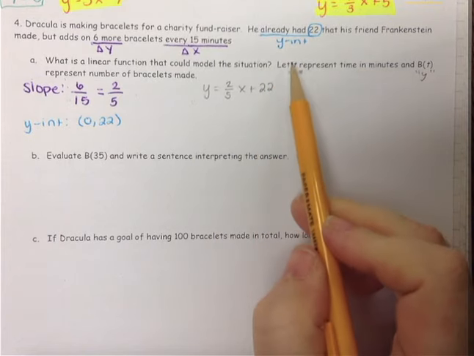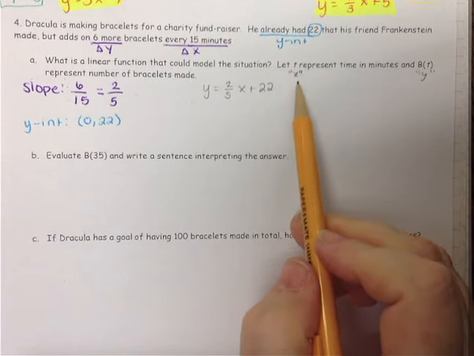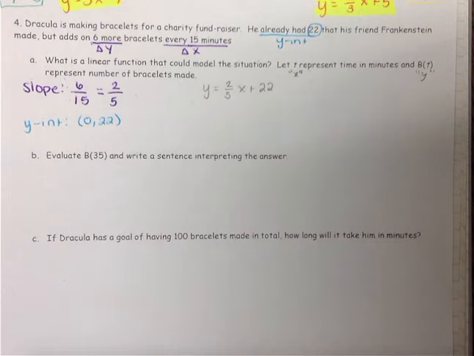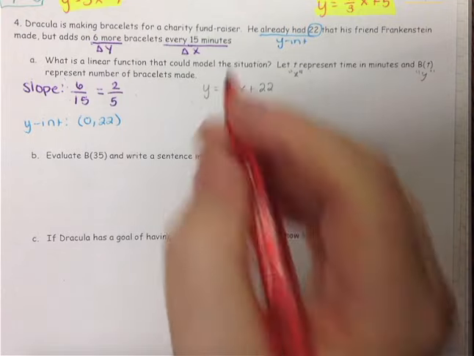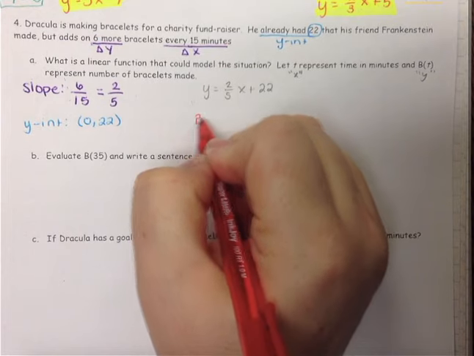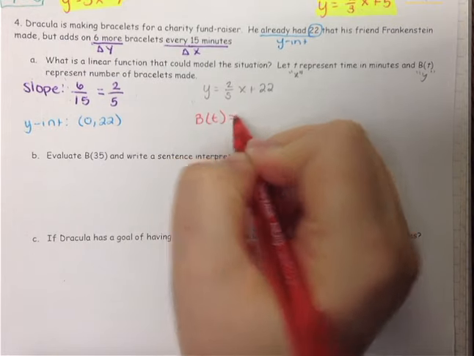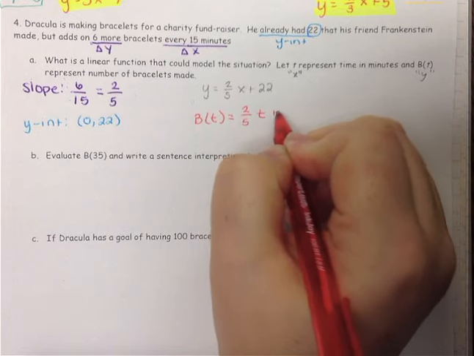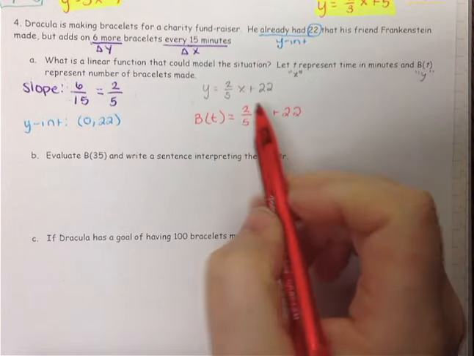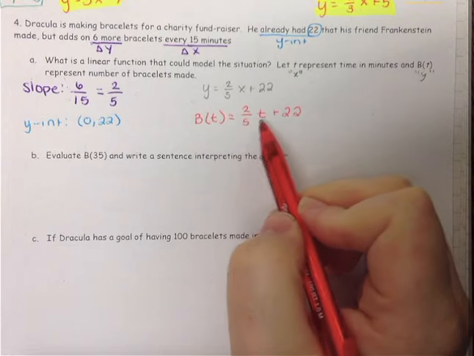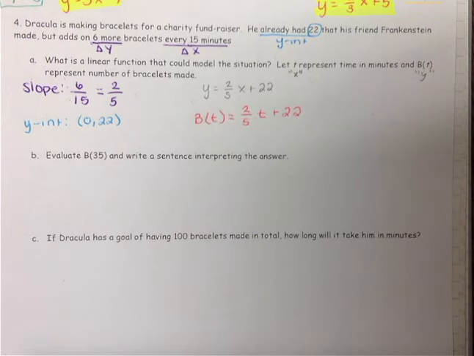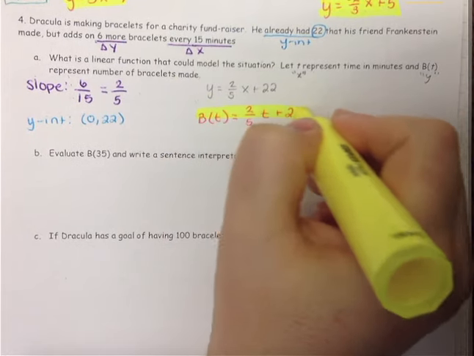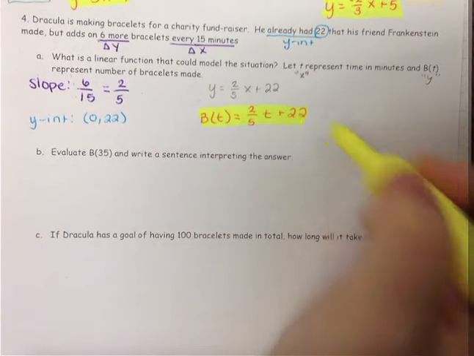But since it's asking us to let t represent the x and b of t represent the y, we would write it as b of t equals 2 over 5 t plus 22. I will put a little tail on my t's because I don't want it to look like a plus sign. So this is our function. Once we have the equation of the line, we can do any questions based on it.